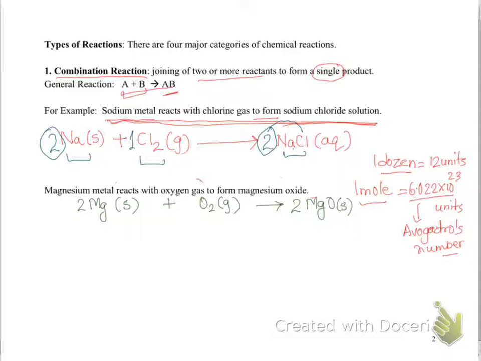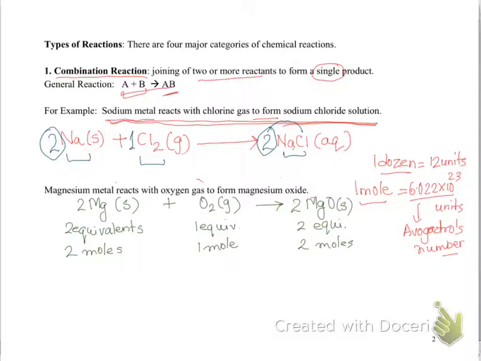So I can also say here, when I said 2 equivalents of magnesium combines with 1 equivalent of oxygen gas to produce 2 equivalents of magnesium oxide, I can also say 2 moles of magnesium combines with 1 mole of oxygen to produce 2 moles of magnesium oxide.